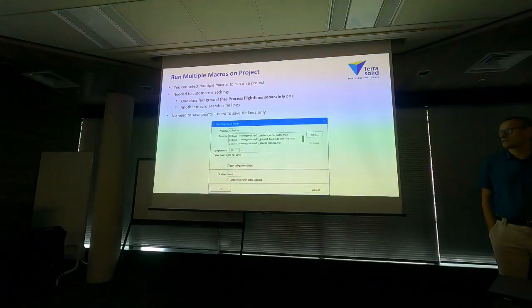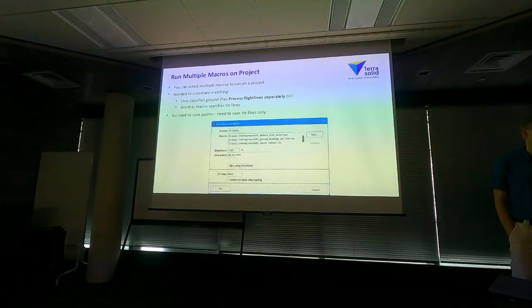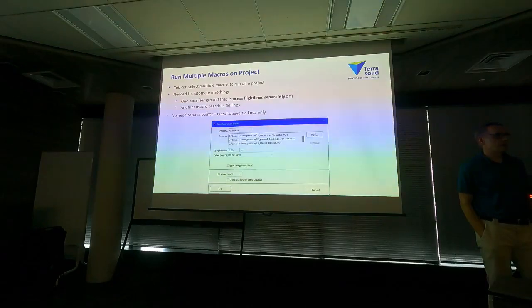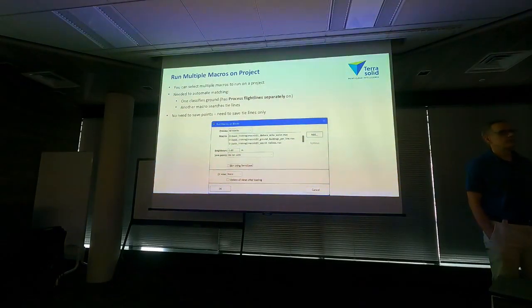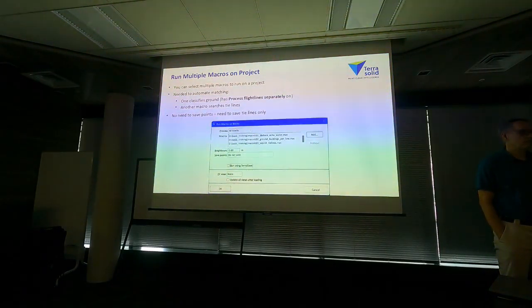In the past, I had to first run a ground per line macro on the project, saving the result. And then I would run another macro for collecting, searching tie lines.